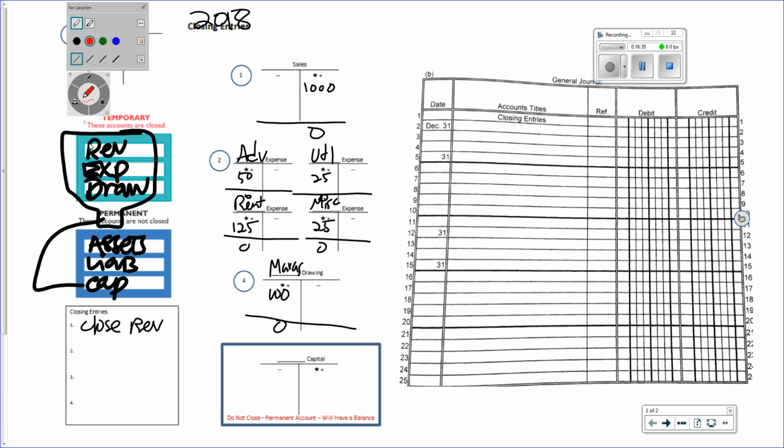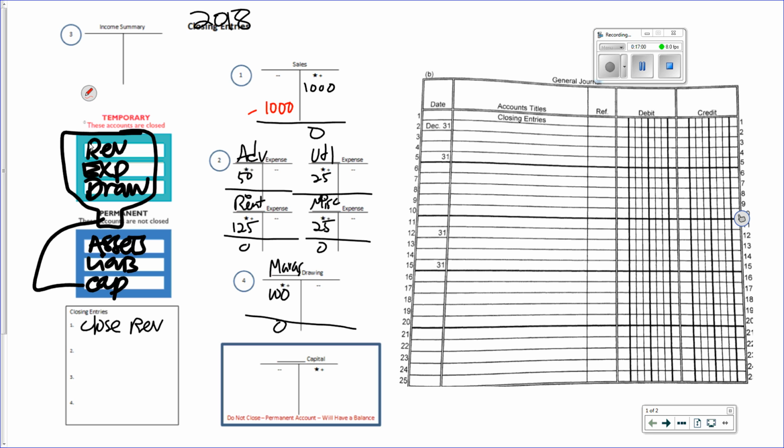All right. So if I need to close sales, I need my $1,000 balance to be 0. Am I going to debit or credit $1,000? Why? Because we're not adding to it, we're getting rid of it. I see a debit. What else do I need? Credit of $1,000.